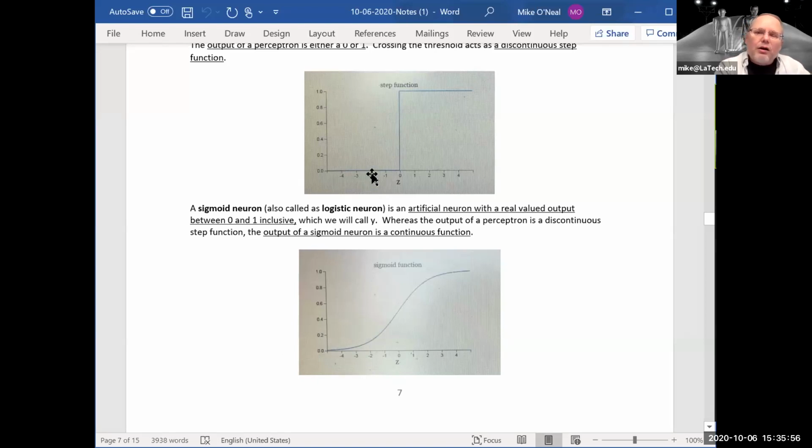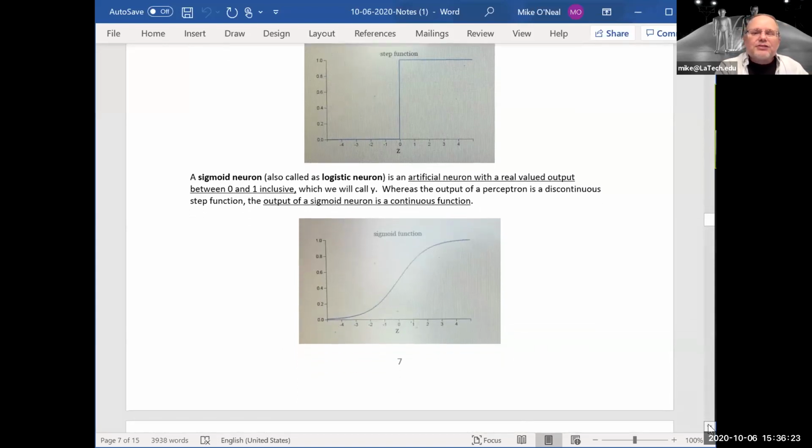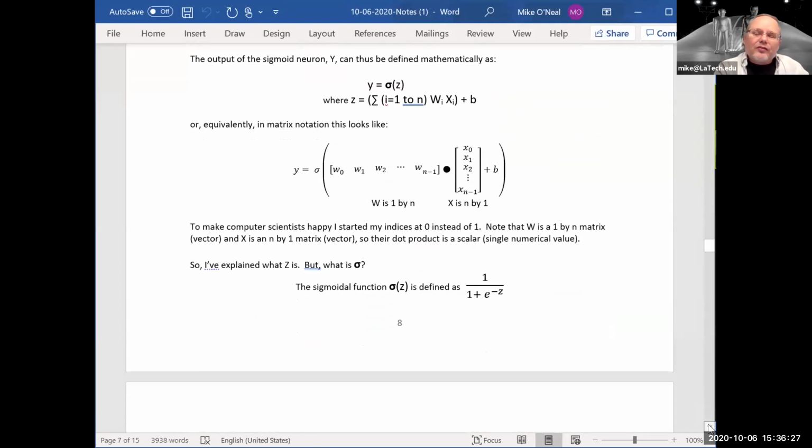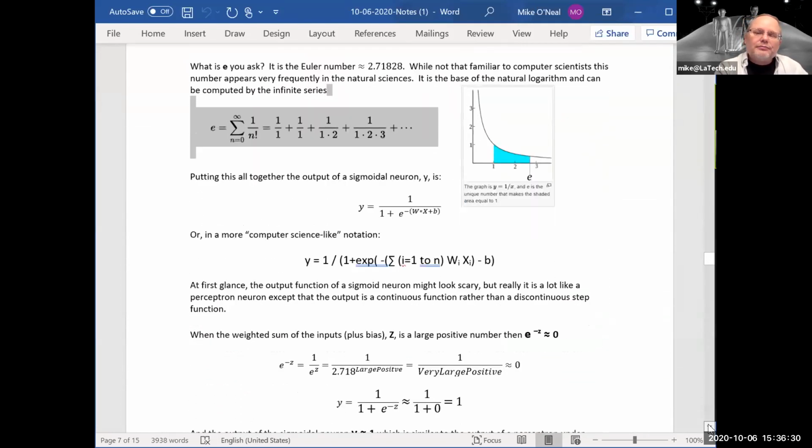So away from this area, a perceptron is generating a 1 and a sigmoidal neuron is generating a 1. And if you're much smaller than your threshold, your perceptron is generating a 0 and your sigmoidal neuron is generating a 0. So their behavior is very similar, except that the sigmoidal is continuous, whereas the perceptron is discontinuous.